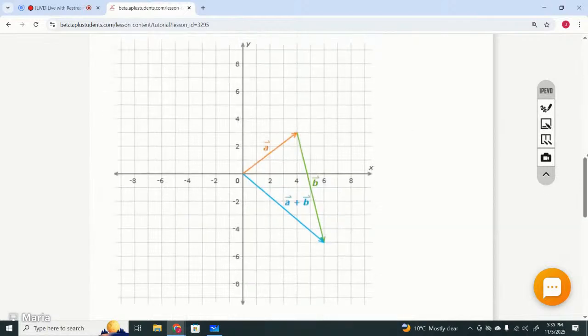You just have to use the graph and draw the line, right? Just make the initial point of the vector A and the terminal point of the vector B and make the line.